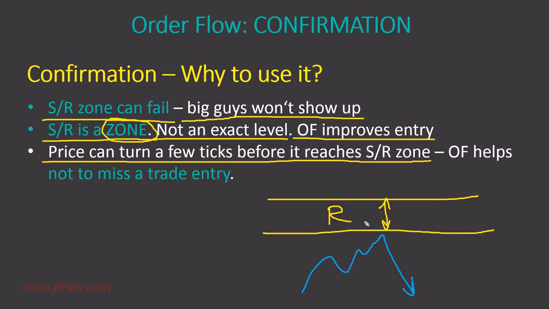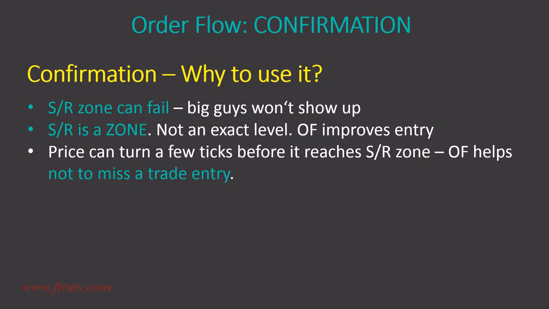But if you are using the order flow, you can use that to your advantage and spot the big players jumping in, turning the price, and this way you have a way bigger chance that you won't miss the trade entry.